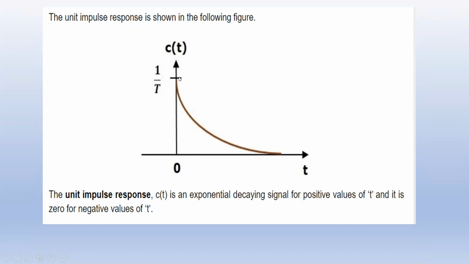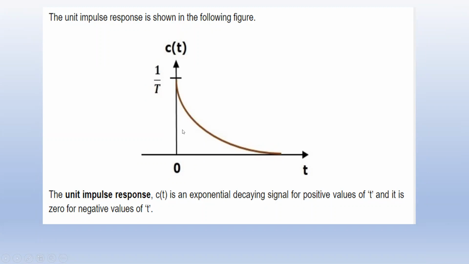Here the input is not ideal, in the sense that this impulse has some finite width. If we apply this impulse, we get a similar kind of output, as depicted in this graph.